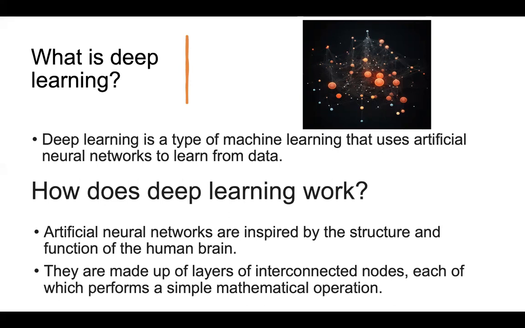If you look at your brain, we have neurons; the nervous system is made up of neurons. So we try to replicate the same mechanism here, where input data comes in, goes through certain hidden layers, and creates an output layer. These are all part of deep learning.